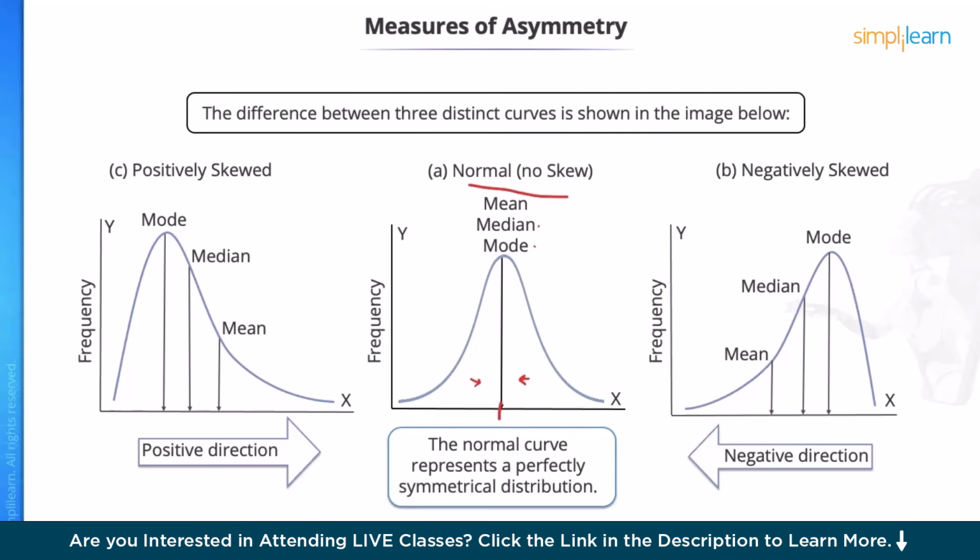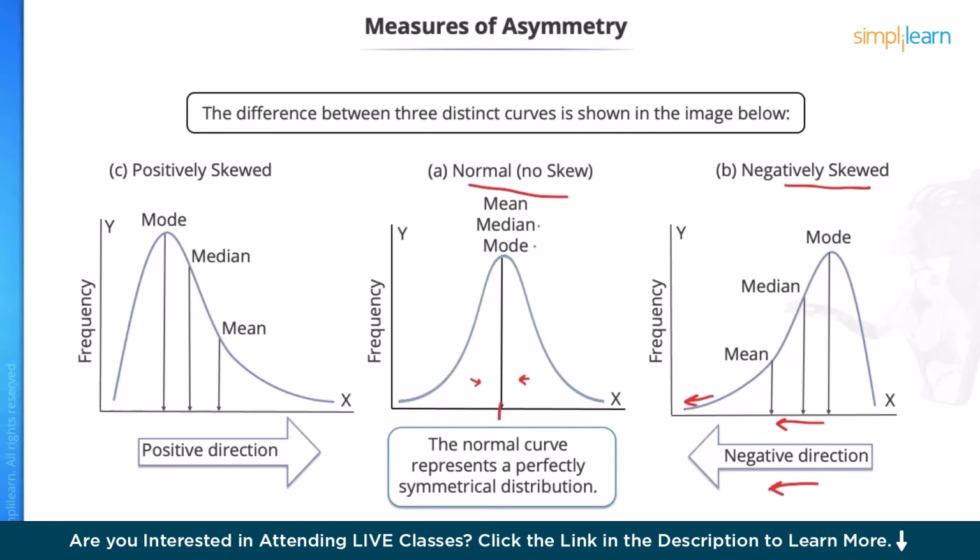However, in case of negatively skewed data, the tail is elongated on the left-hand side, and the mean is smaller than the mode and the median values, or is on the left-hand side of the mode, hence indicating that the outliers are in the negative direction.